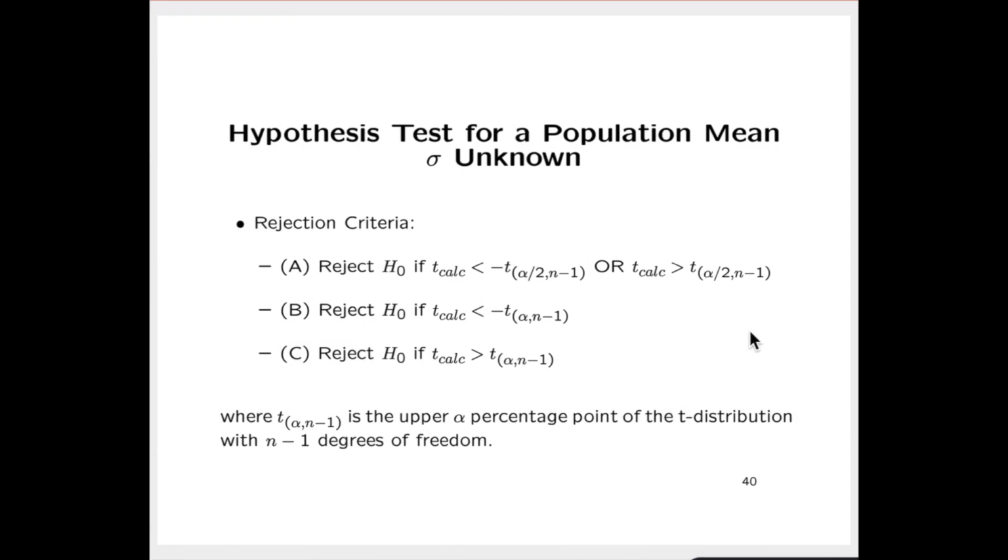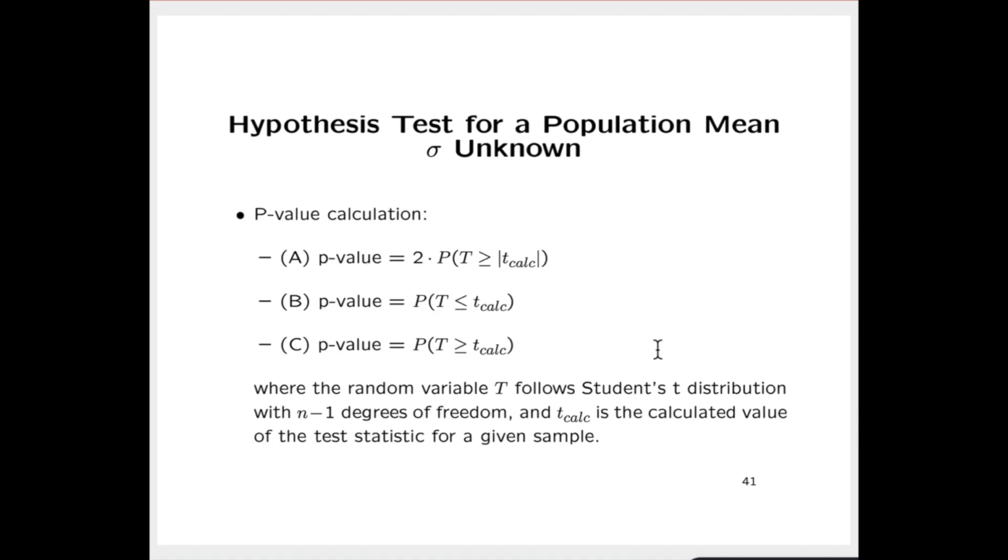All right, so let's continue going through the notes here and seeing how we do these hypothesis tests when we don't know sigma. So we have specified the rejection criteria, and then we also have formulas for calculating the p-value for the test.